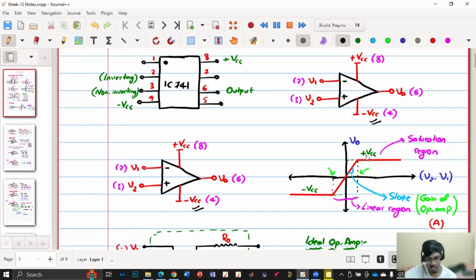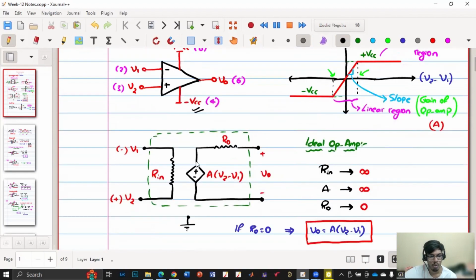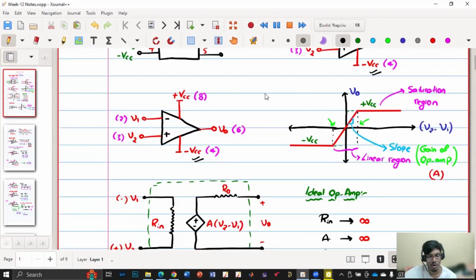The gain will be smaller, but there will be more linear region, so we can apply more input voltage and the output is still an amplified version of the input. There are methods like compensation of op amp, but we'll not go into that. If you want it to work like an amplifier, operate in the linear region. If you want it to work like a comparator, keep it in saturation.